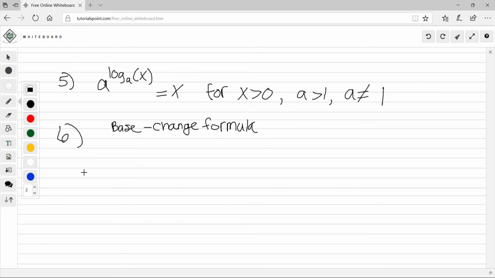So the rule is if a is greater than 0, b must be greater than 0, a cannot equal 1, b cannot equal 1, and m must be greater than 0.